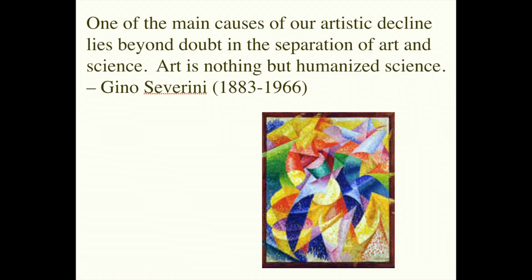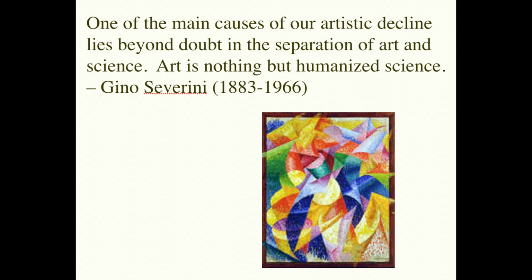Let's start with a quote. Gino Severini, artist. Here's one of his paintings. He said, one of the main causes of our artistic decline lies beyond doubt in the separation of art and science. Art is nothing but humanized science.